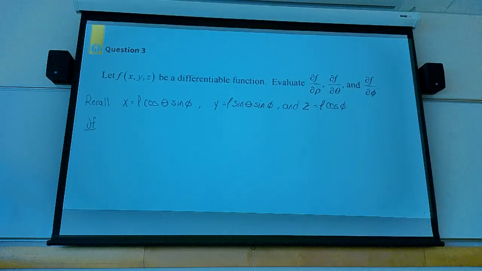Here's a question. Do I want to write it in the partial notation or the subscript notation? Subscript.